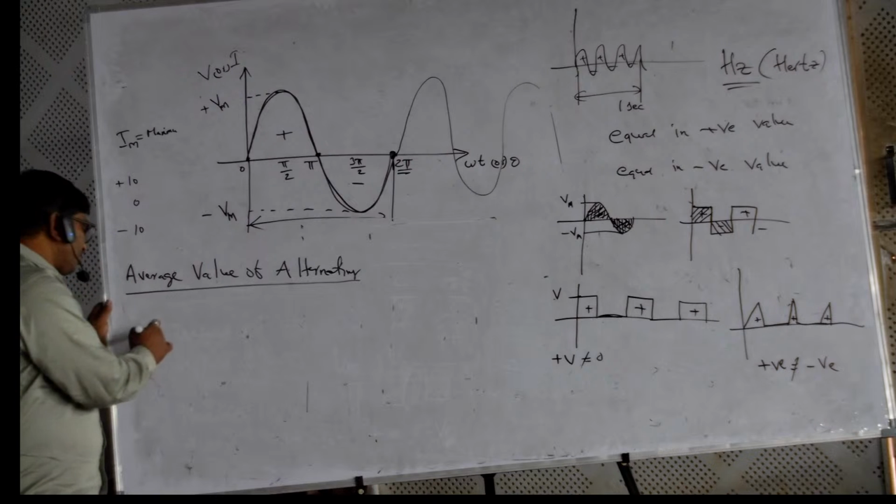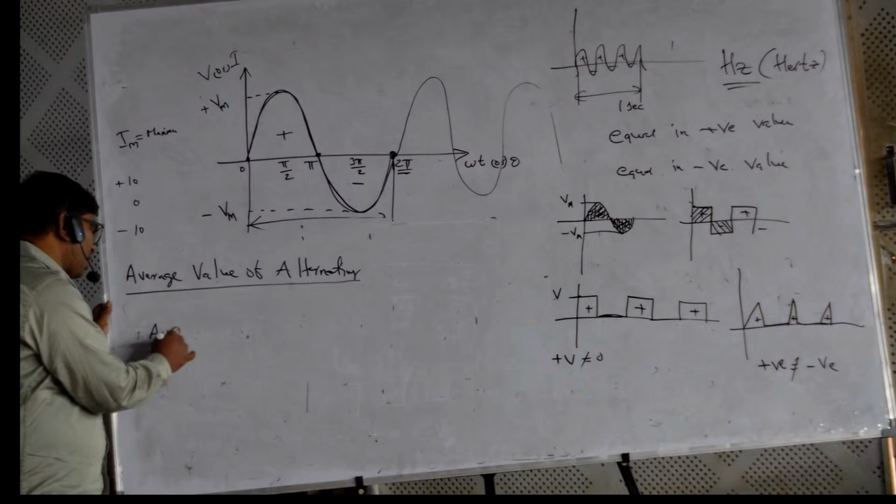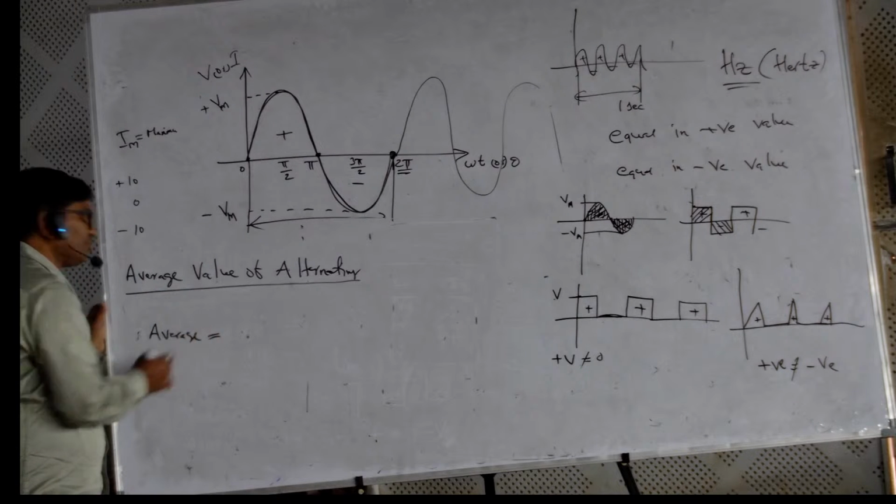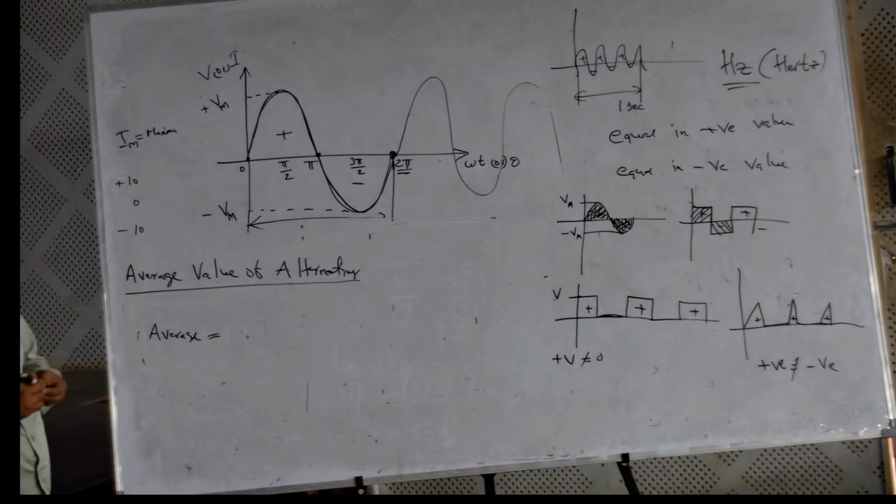Otherwise, the mathematics formula. What is the average formula? Sum of observations by total number of observations. For example, for marks, percentage. How can you calculate percentage?